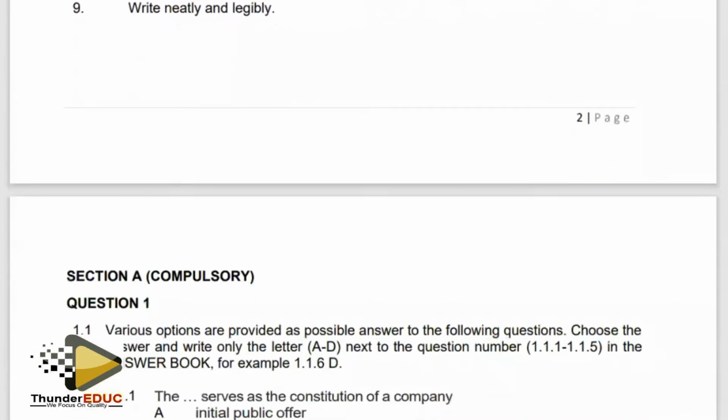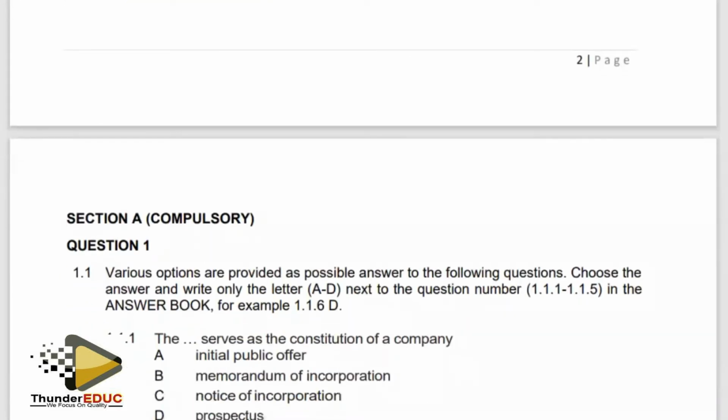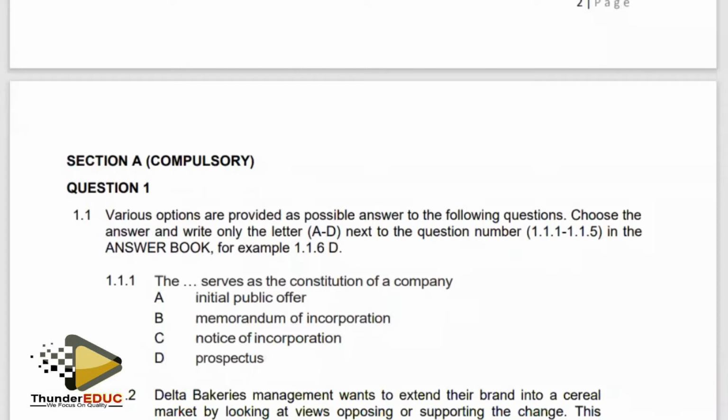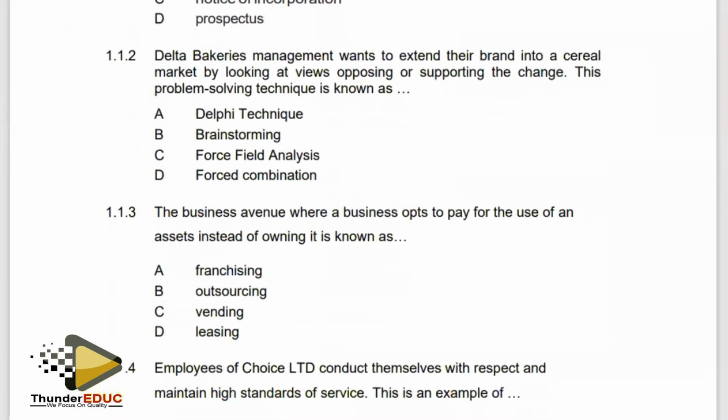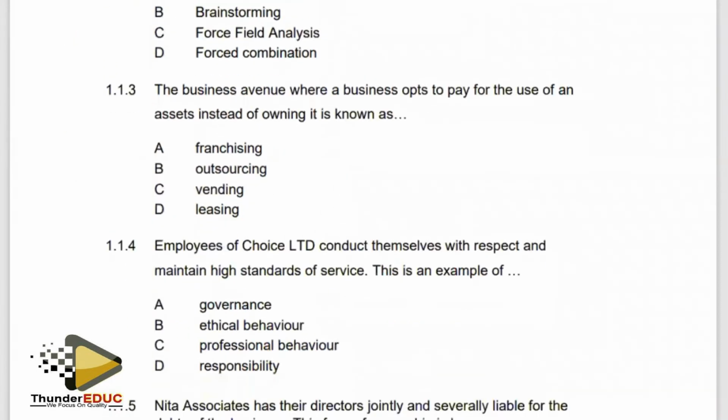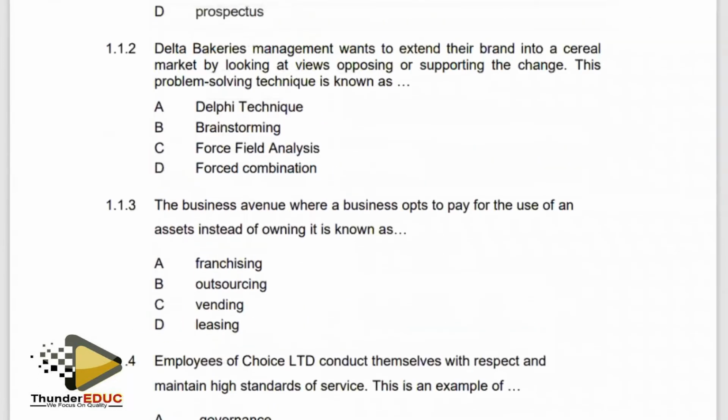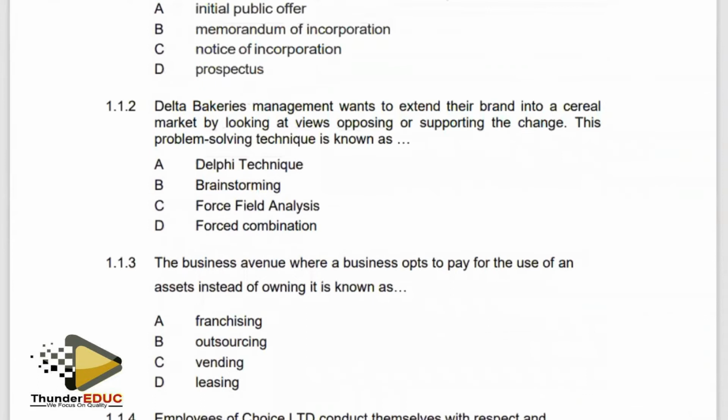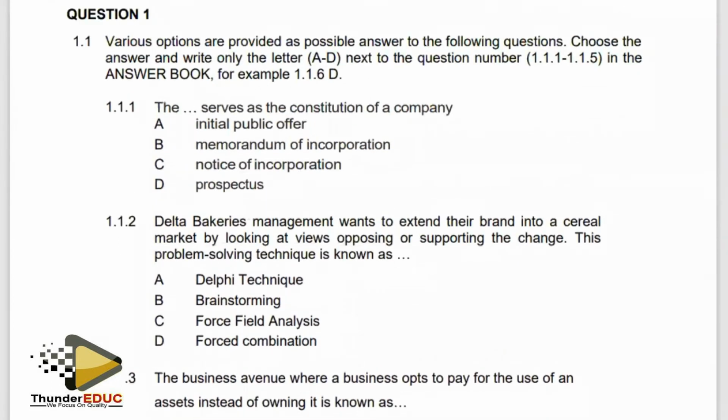So here we go. We start with our multiple choice questions. It is always from question 1 to 5. These are multiple choice questions. As we're going to look at them, you're supposed to answer them, look at alternatives, so that you can choose the most appropriate answer.